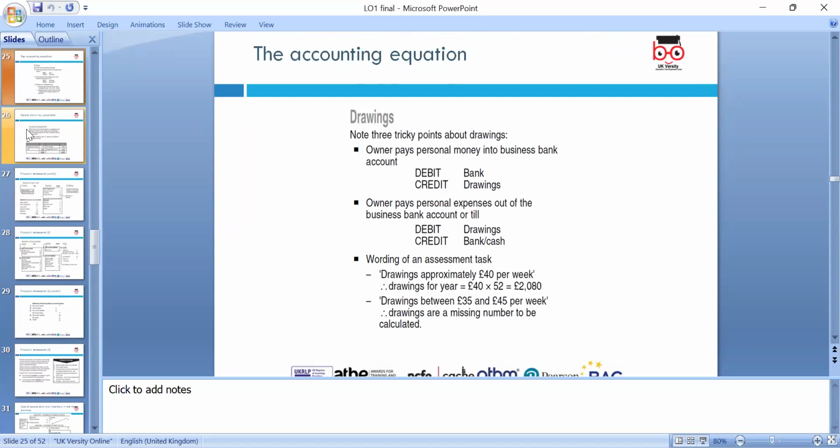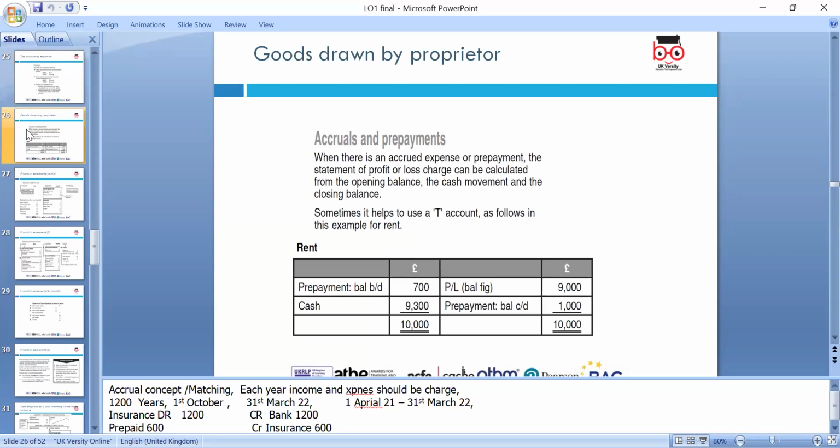So if you don't know the equity figure, you can find it. So bank will be debit and credit, then we can do the reversal of the things. Drawing is the debit and the cash will be credit, because of course you draw the money for personal use, and it will reduce your capital as well.